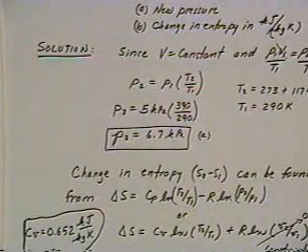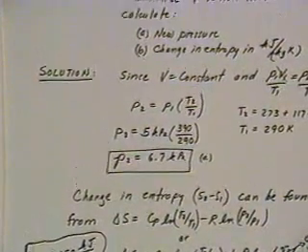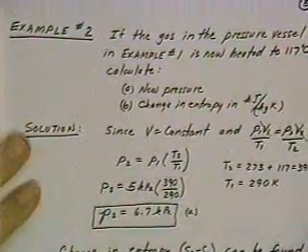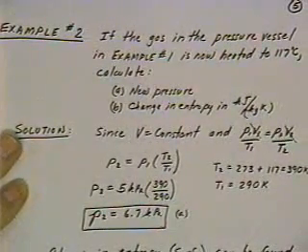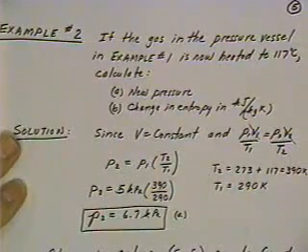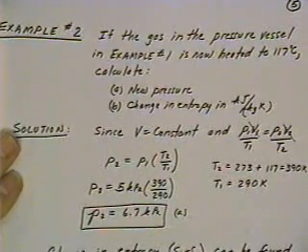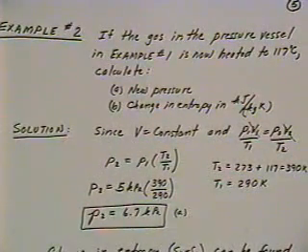Now, what I'd like to do is take another example, take the same example problem, and then we want to illustrate with this some more about the gas laws and also to do some entropy calculations. So example number 2 involves the same amount of gas in the pressure vessel.